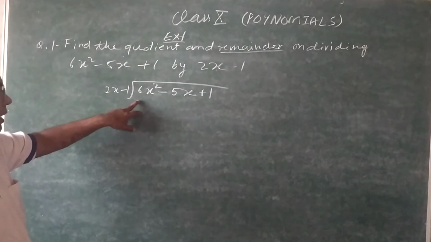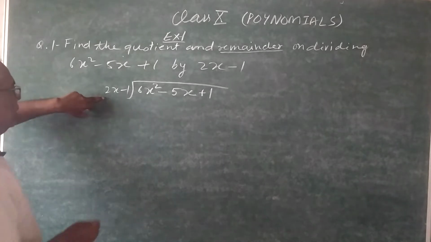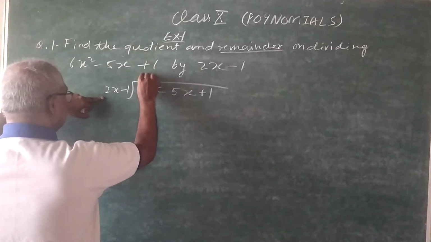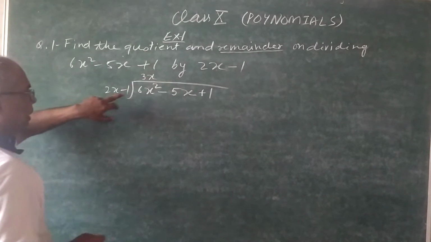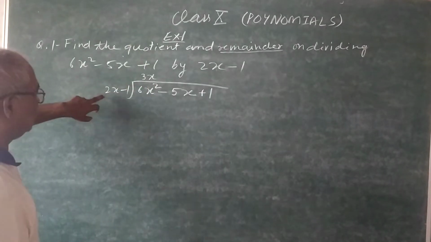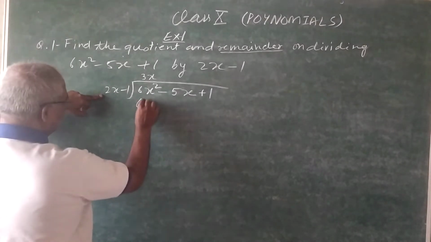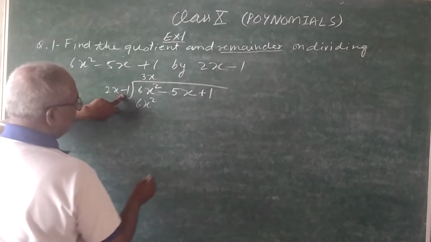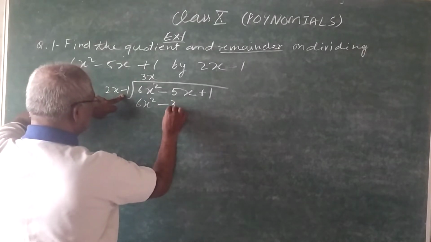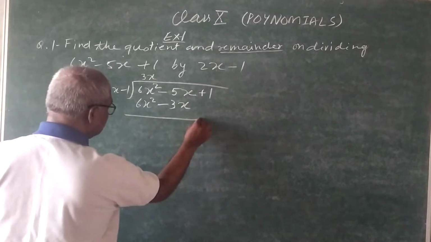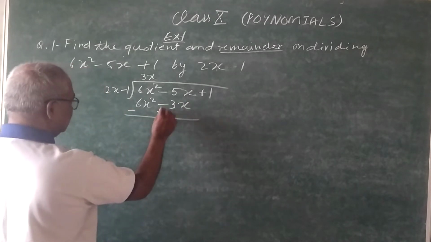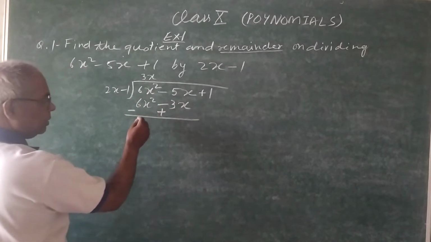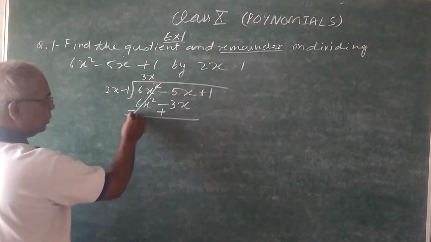First of all, 6x square divided by 2x takes 3 times x, 3x. So 3x multiplied to this 2x becomes 6x square, and 3x multiplied to minus 1 becomes minus 3x. Change their sign, minus, plus, and 6x square and 6x square cancel each other.